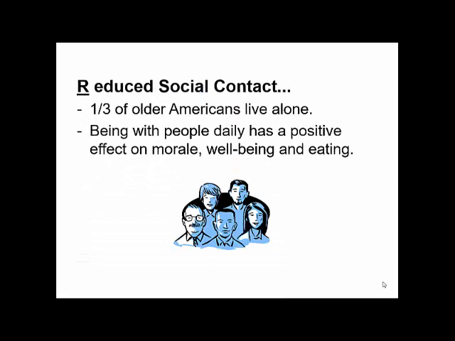One third of older Americans live alone, and it causes disturbance to people. In the rest of the world, this quantity is a little bit lesser because the social environment of other countries is better than America.